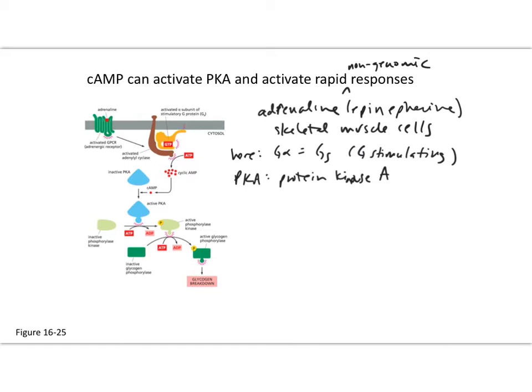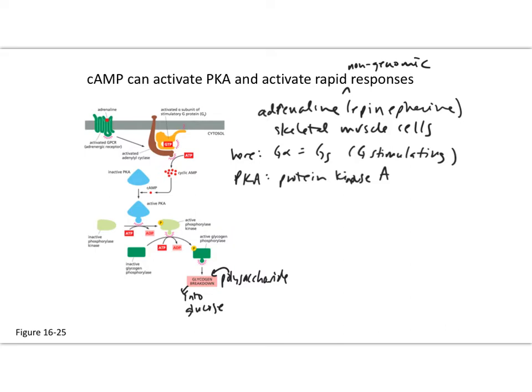And the role of that enzyme is to break down glycogen. As you may know, glycogen is a polysaccharide, and it can be broken down into glucose. Which can be used for ATP production.